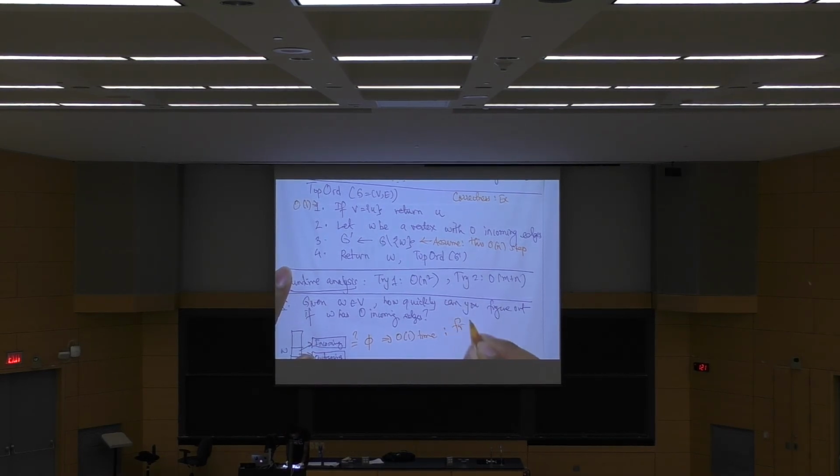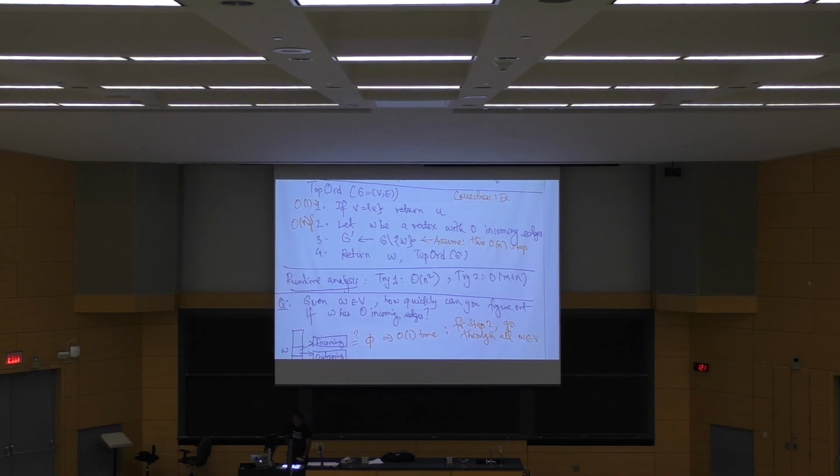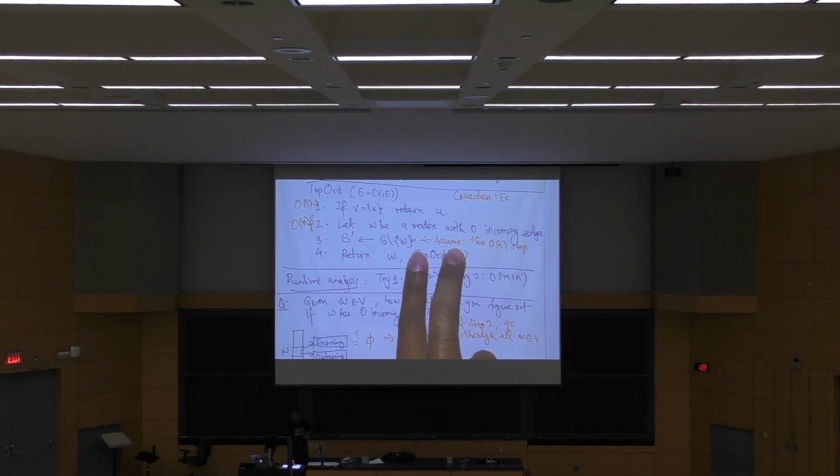So for step 2, go through all vertices W, right? So this is O of n. Now if you look at this algorithm and, for the moment, forget about the recursive calls, in each recursive call you're spending O of 1 time here, O of n time in step 2.